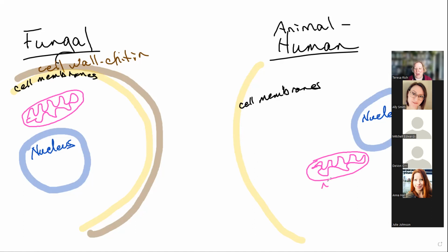Do they both have endoplasmic reticulum? You would think not, but actually they do. I'm just going to put one set here on both of them.